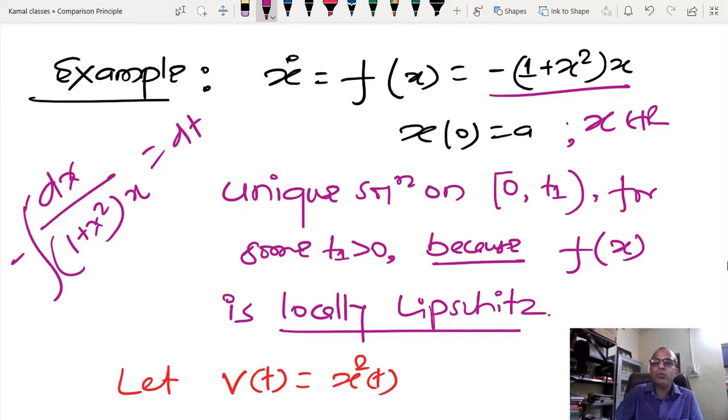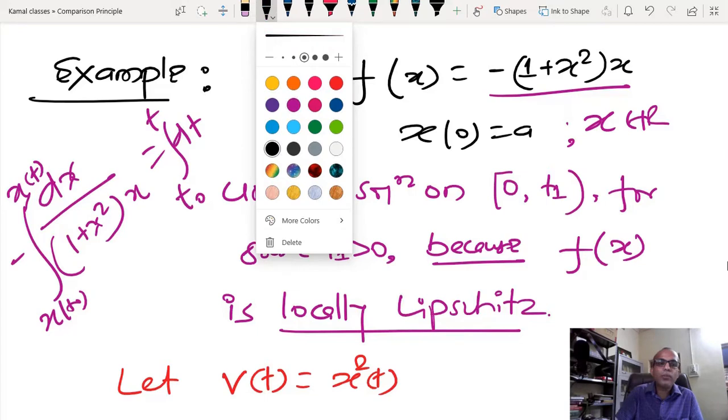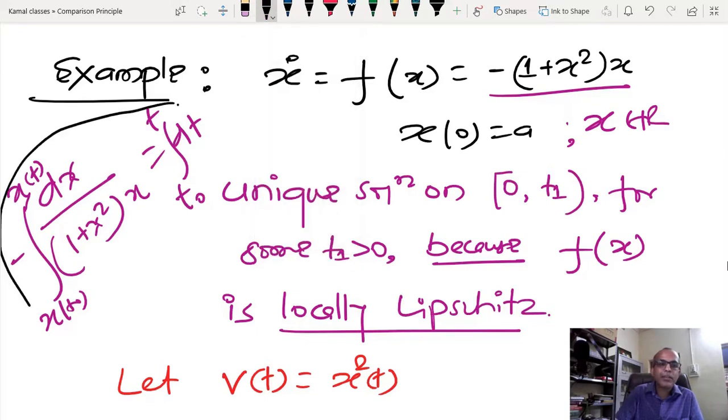Suppose you solve x dot equal to (1 plus x(t)) x; at t equal to t0 you have x(t0), and at t you have x(t), and it is possible to show that the integral of this is not obvious. So now the question is how to avoid this complicated integral.